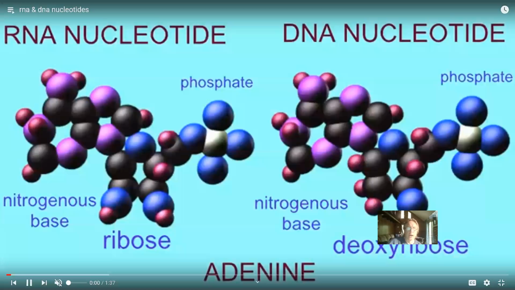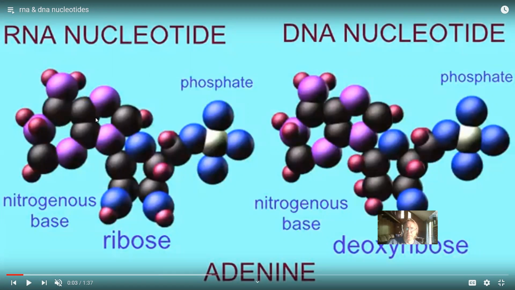So I pointed out that number 2 carbon. And so let's now compare ribose and deoxyribose. Once again, nucleotides have 3 components: a phosphate group, which is a phosphorus atom and 4 oxygens. And so RNA nucleotides and DNA nucleotides have the same phosphate groups. There are nitrogenous bases, so called because there's nitrogen in them.